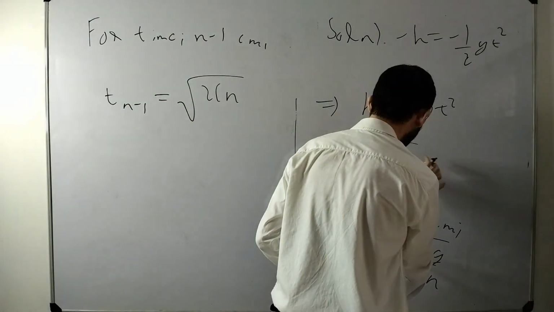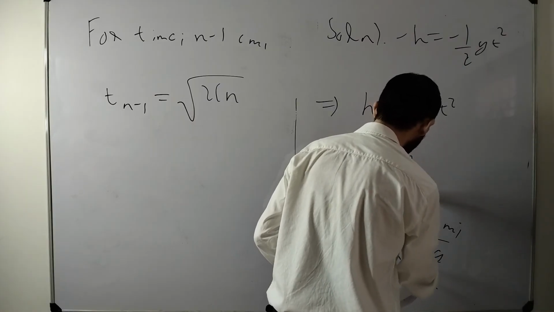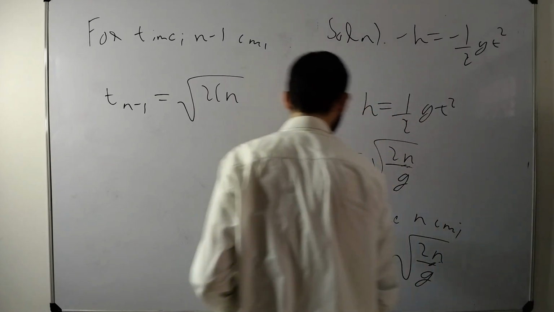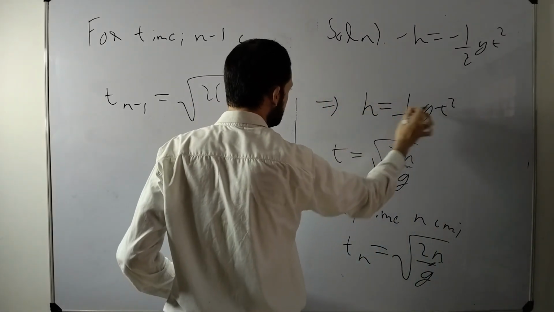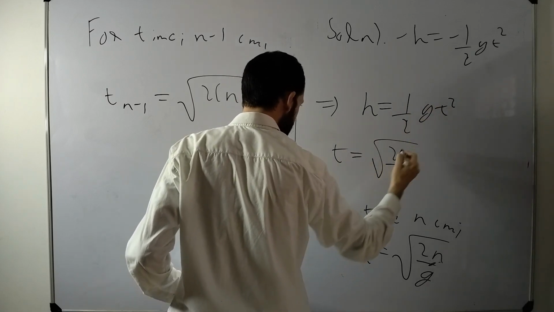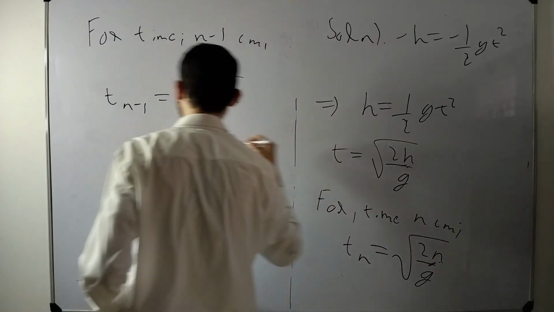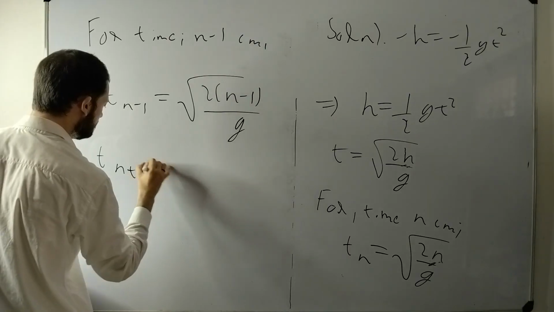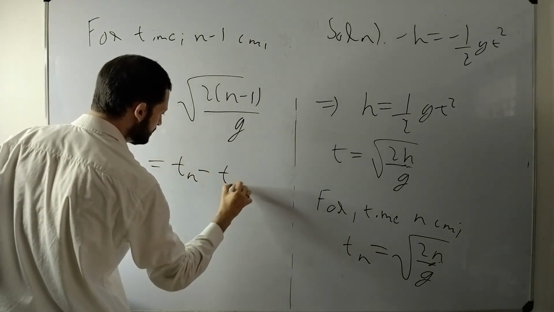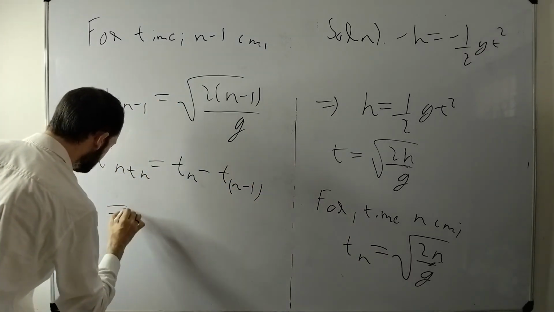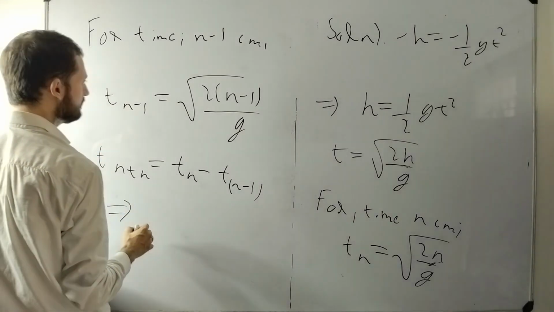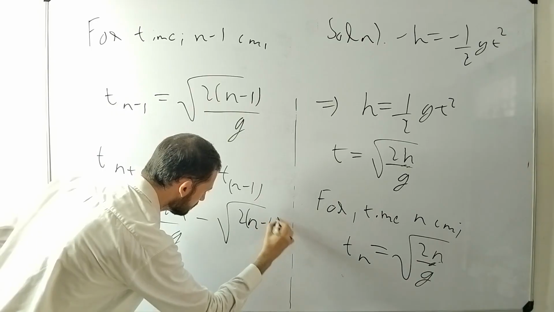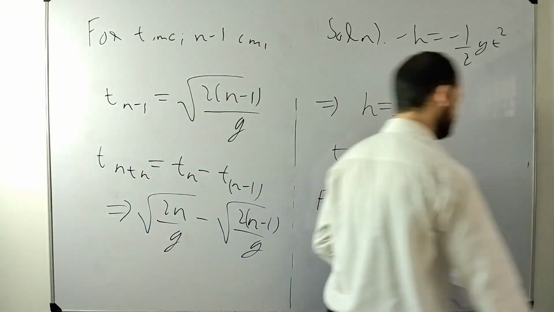I was thinking what the mistake was. So T n minus 1 would give me the actual nth centimeter, and this is 2n upon g minus 2 into n minus 1 upon g, under root. What does the final equation become?